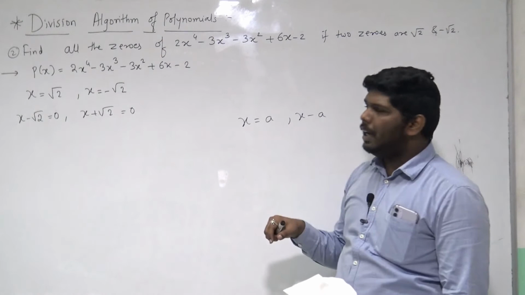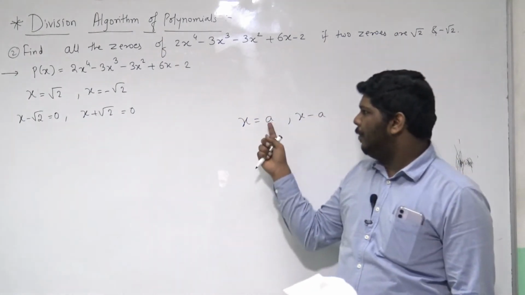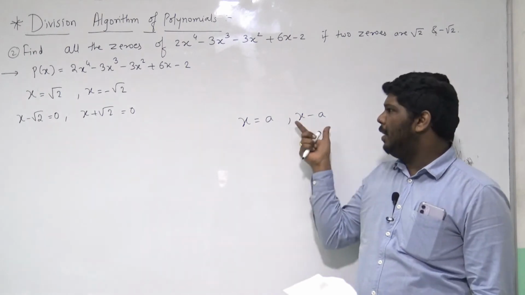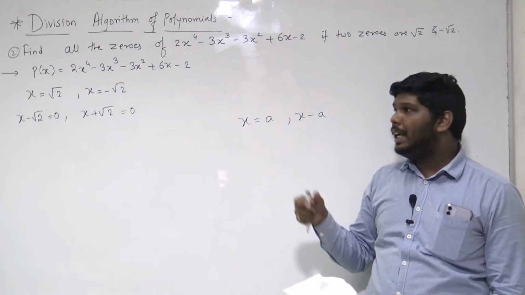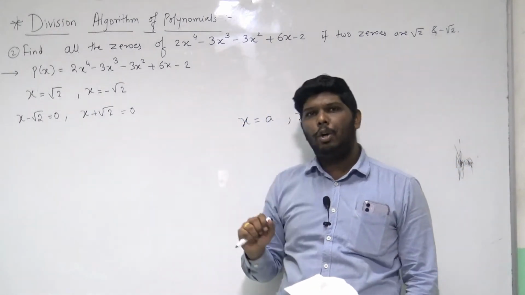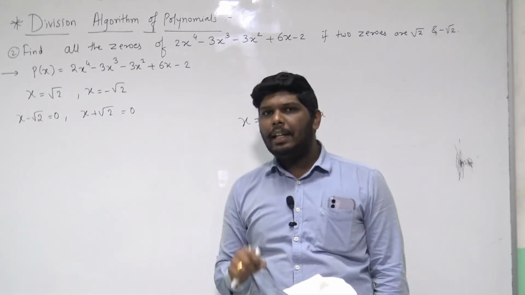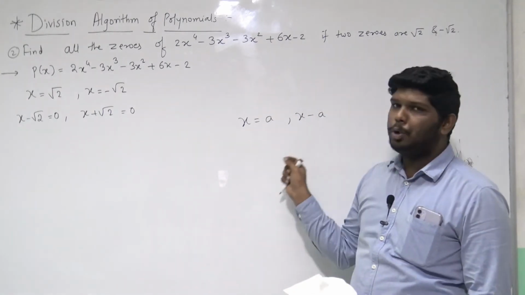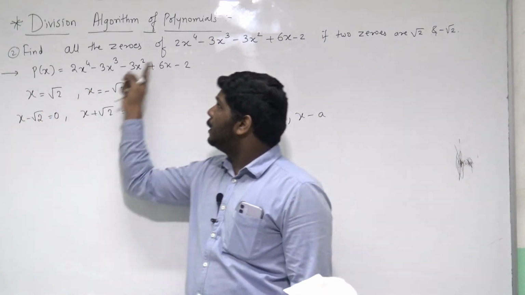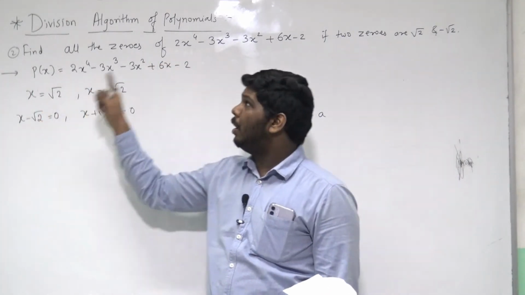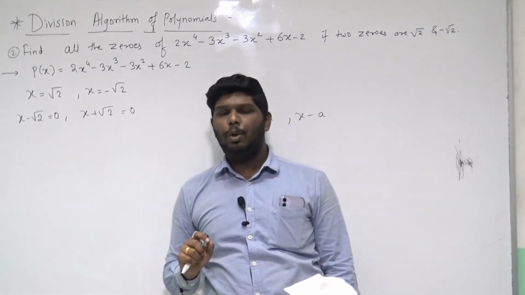Once again I will repeat, if a is a zero for the given polynomial, and if I take this a on the left hand side, I will get the expression x minus a, and this expression we can say is a factor of the given polynomial. And when it is a factor of the given polynomial, in that case 100% the remainder has to be 0. So now if I divide this polynomial by x minus root 2 or by x plus root 2, definitely we will get the answer as 0 only.